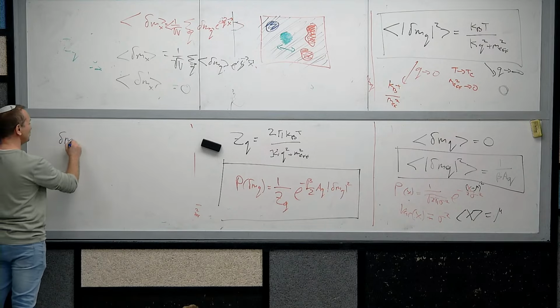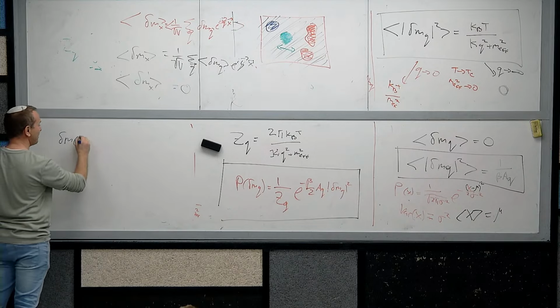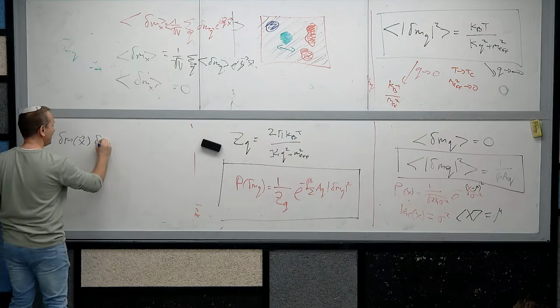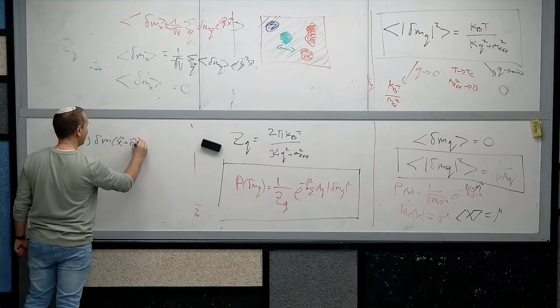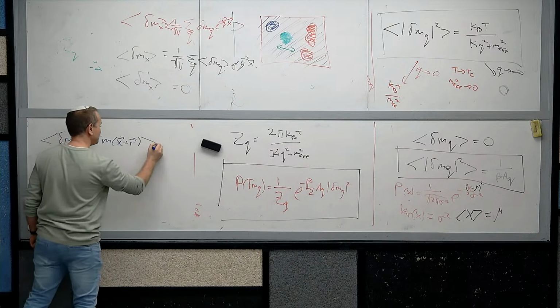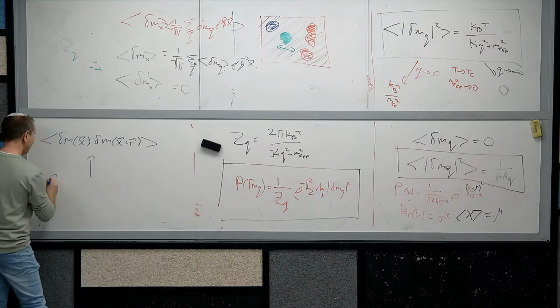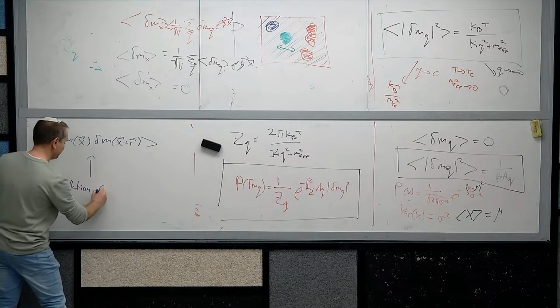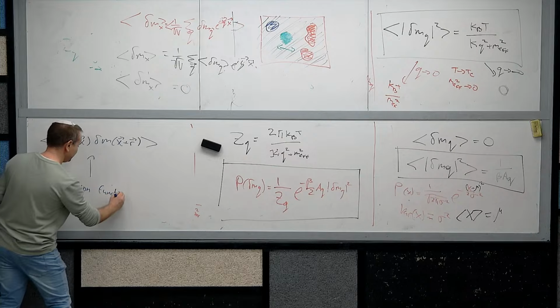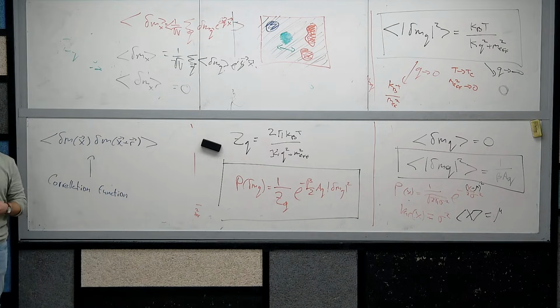So what we actually want to compute is the average of delta m(x) delta m(x plus r), the correlation function. Why is this important?